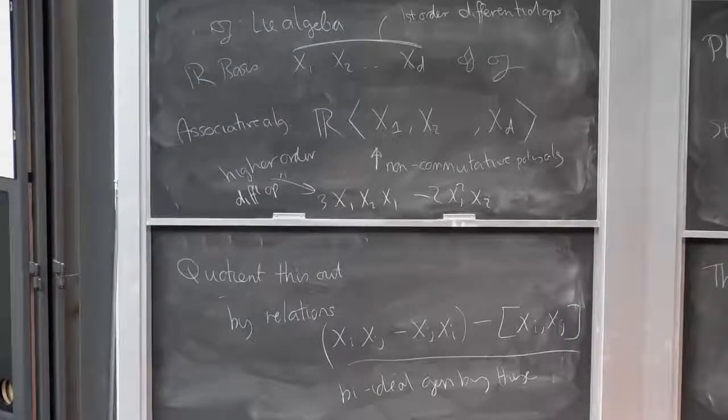So what have we got? We're now in a much worse situation, because we used to have 4 non-commuting differential operators, and now we've got a whole infinite dimensional vector space of higher order non-commuting differential operators. But at least it's pretty darn big. So we could look at the center.